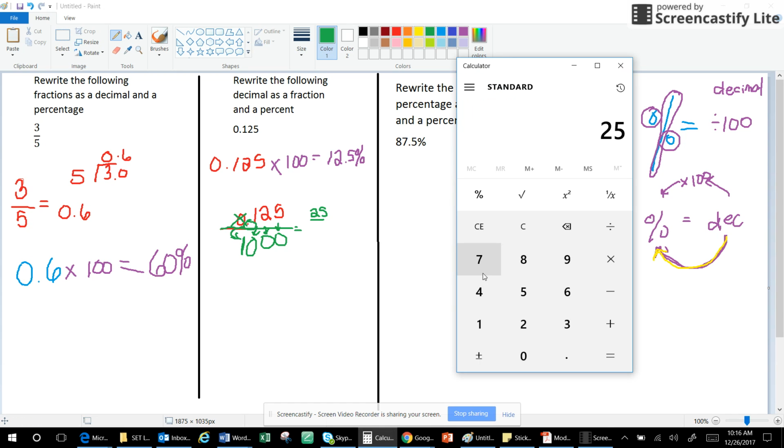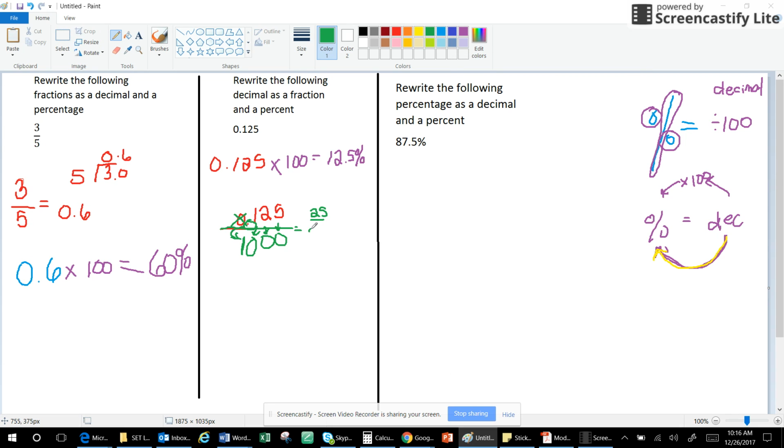So I can divide both of these by 25 now. And over here, I divided by 5, just so you guys can see what I did. Divide both these by 25. So this would be 1 over 200 divided by 25 would be 8. So this is going to be 1 over 8.